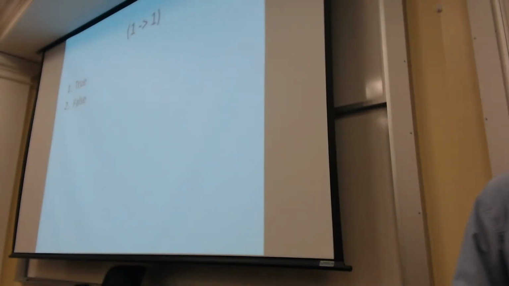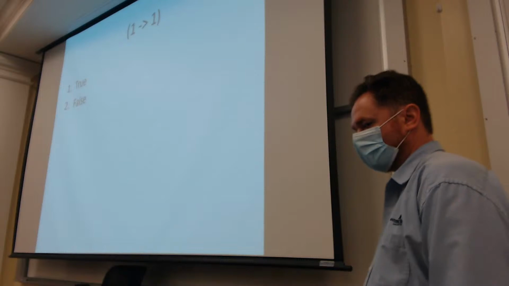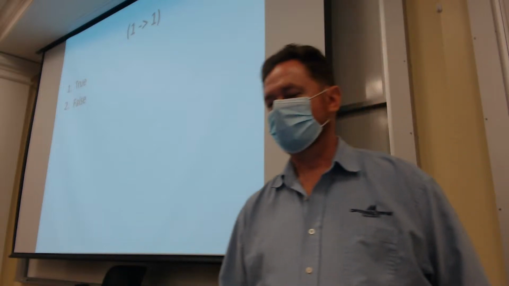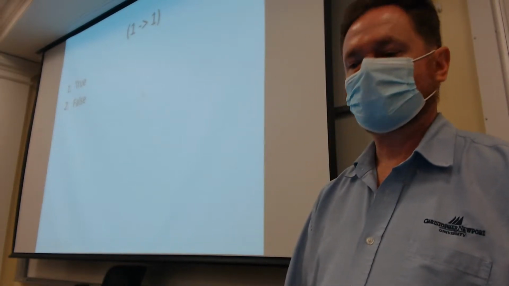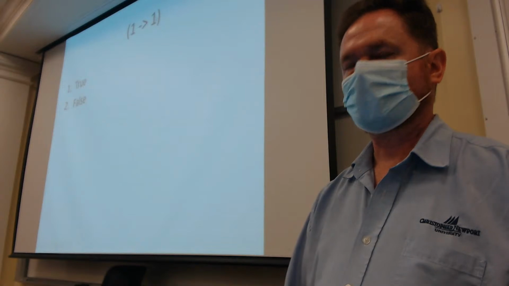1 arrow 1. What is the value of 1 arrow 1? True. Good. Why? If-then statements are only false if the beginning part of the if is true and the then is false. Good.